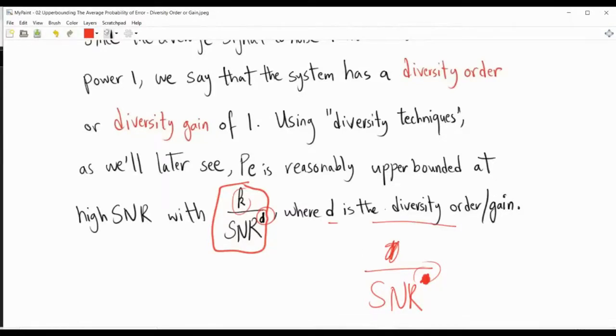Sometimes I will use the term diversity order, sometimes diversity gain. They are the same thing, and it's a fundamental quantity in wireless communications. What is the diversity order, or what is the diversity gain of the system? Any questions?